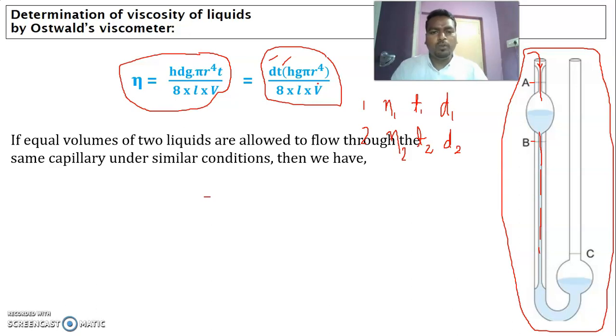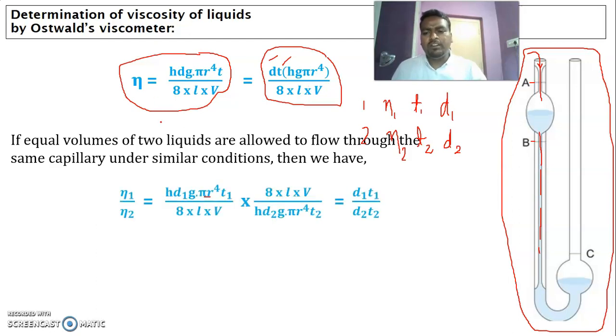We have taken equal volume, so V is the same. When equal volumes of two liquids pass through this viscometer, N1 divided by N2 is equal to the following. N1 is D1 T1 Hg pi r to the power of 4 divided by 8 into L into V. And N2 is D2 T2 Hg pi r to the power of 4 divided by 8 into L into V, but N2 is in the denominator, so we write it like this.